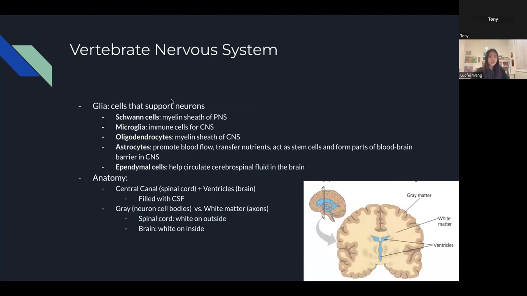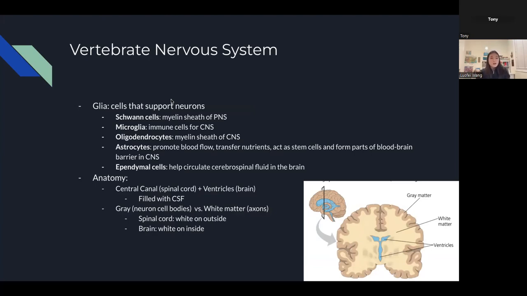Oligodendrocytes make up the myelin sheath of the central nervous system, and astrocytes promote blood flow, transfer nutrients, act as stem cells, and have a lot of different functions in the central nervous system. Ependymal cells help circulate cerebrospinal fluid in the brain. Also, interactions between astrocytes and microglia can promote neuroinflammation, which can or cannot be good depending on the context.